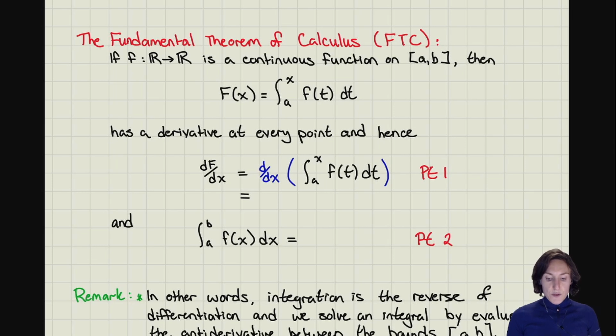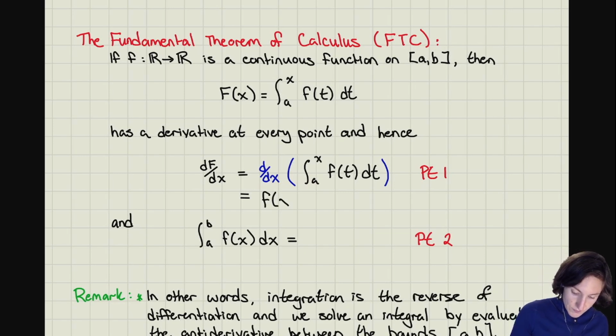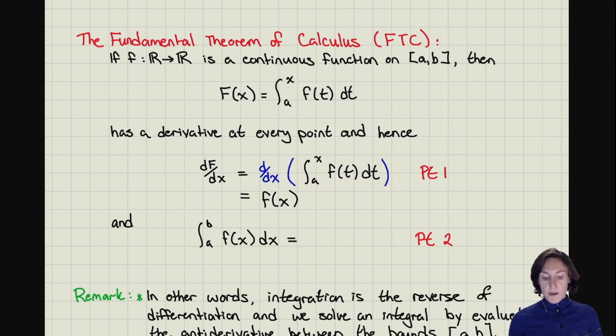And the reason why it's written this way is because if we were to actually evaluate this, we would have our antiderivative at x, so capital F of x, minus the antiderivative at a. So when we differentiate that, the part with the constant would go away, and we would be left with little f of x.